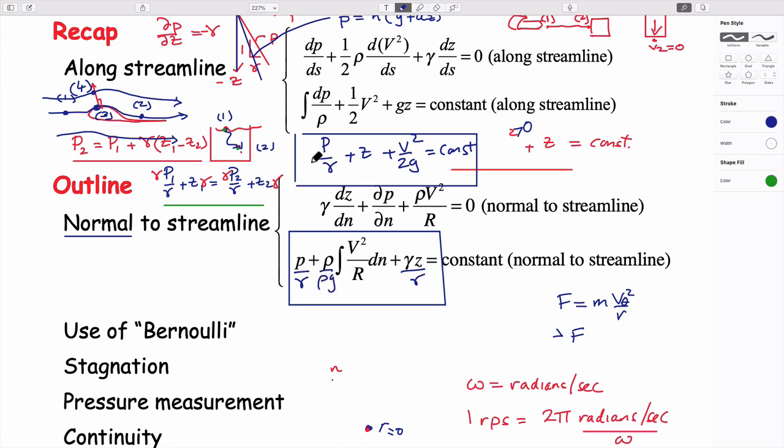And that is that we have the same terms. We have a pressure term in both cases. We have an elevation term in both cases, which are identical. But the inertial term, F equals ma, the ma term that represents the acceleration in the system, is different.